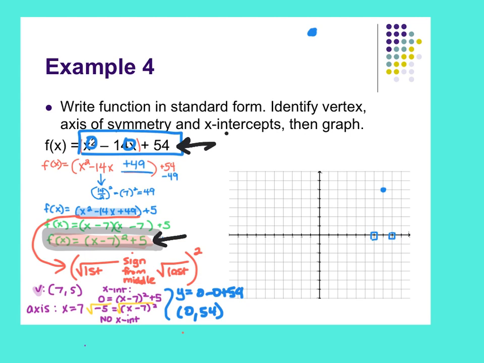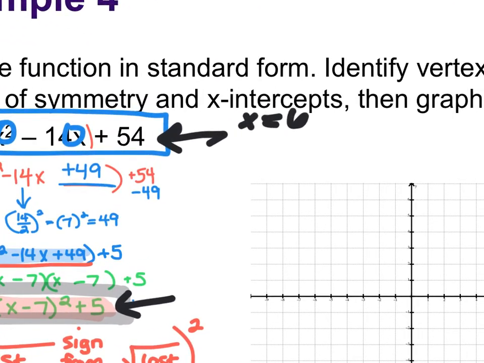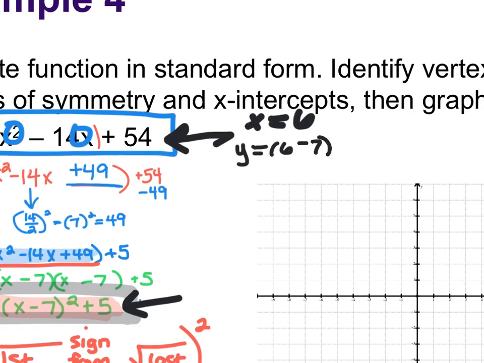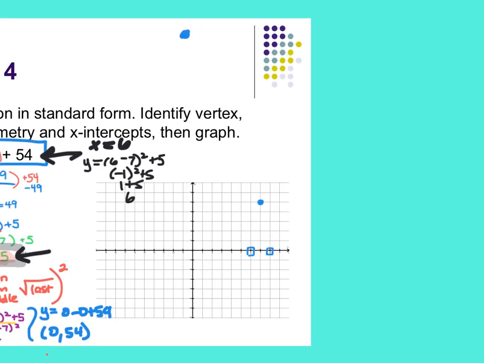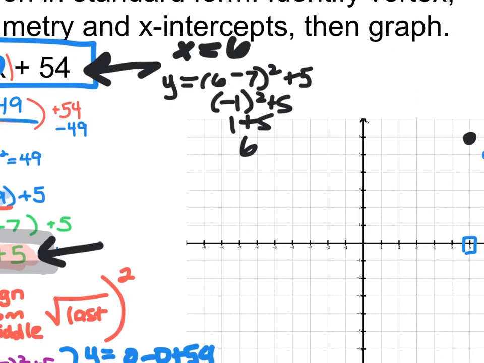So I'm going to say if x equals 6, I would get y equals 6 minus 7 squared plus 5, negative 1 squared plus 5, 1 plus 5, which is 6. And if I did the same thing for 8, because this should be symmetric, I expect to get the same thing.